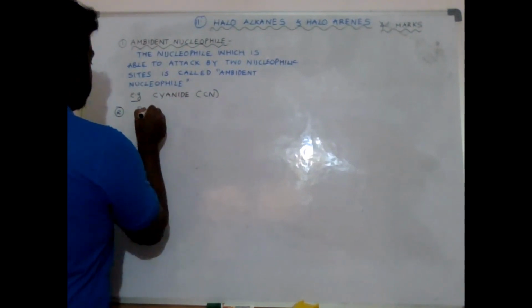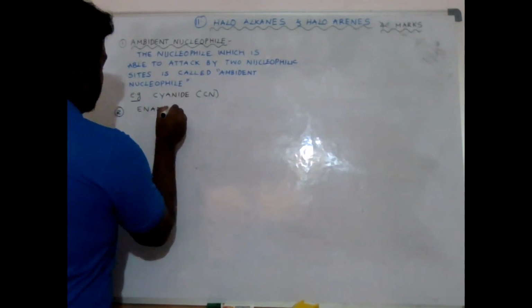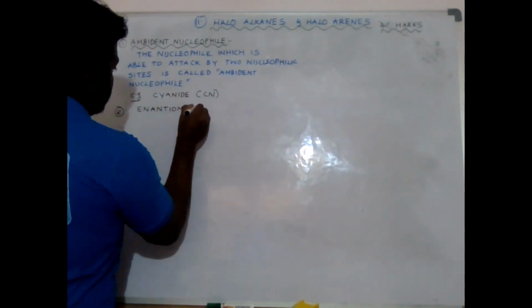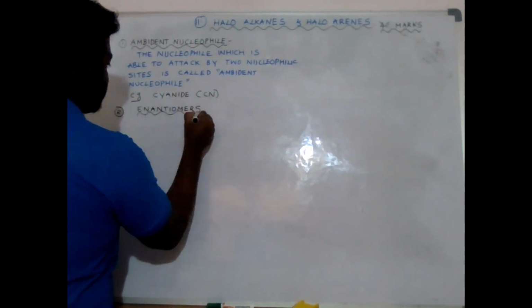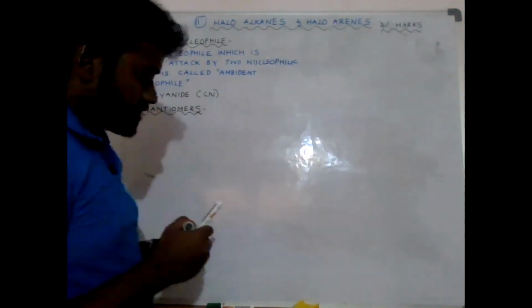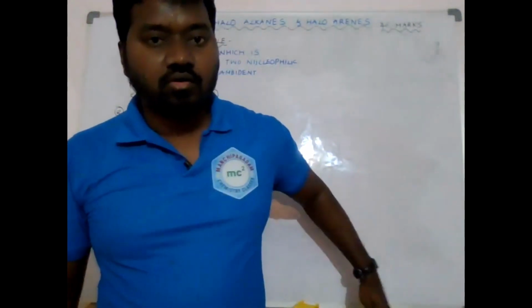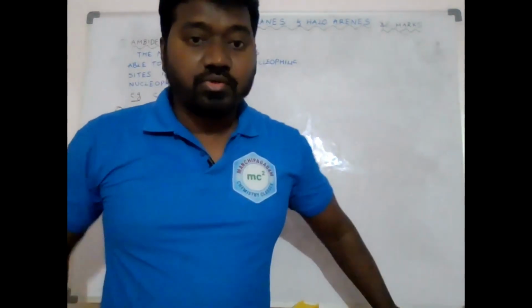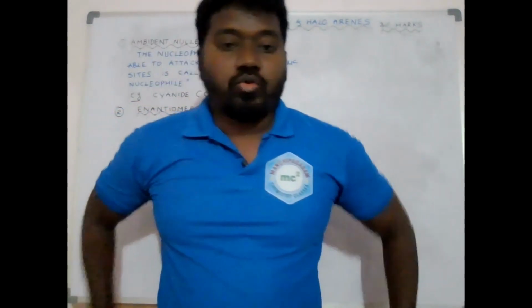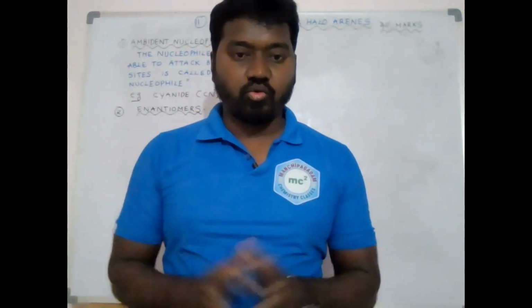The next one, the second one, they may ask you to define enantiomers. So enantiomers means stereoisomers which are related to each other as non-superimposable mirror images. For example, take this hand and this hand, both doing like this.